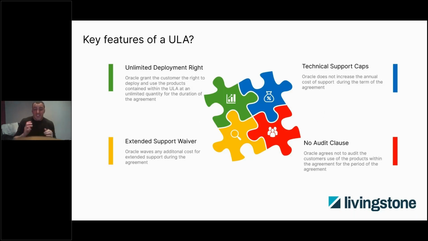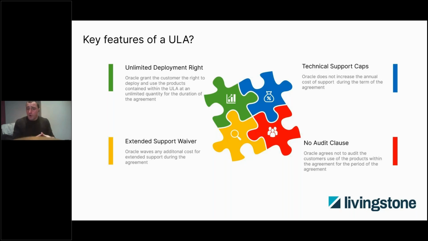So what we can see here are the key features of a ULA. As I said, most ULAs will have these. You will find the odd one that doesn't, but most ULAs will have these. On the top left in the green quadrant, we can see the unlimited deployment right, the primary feature of the ULA, the right to deploy those programs at an unlimited level during the course of the agreement. And then in the blue quadrant on the top right, we can see the technical support caps.